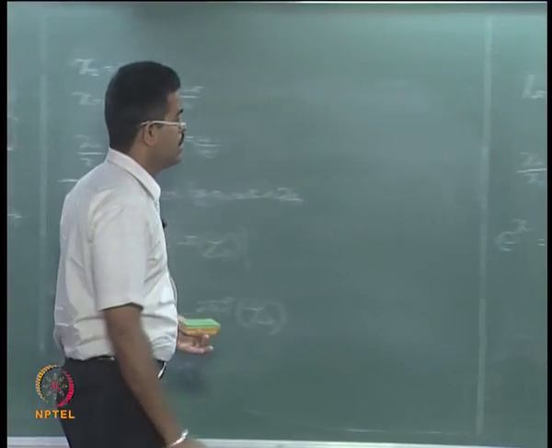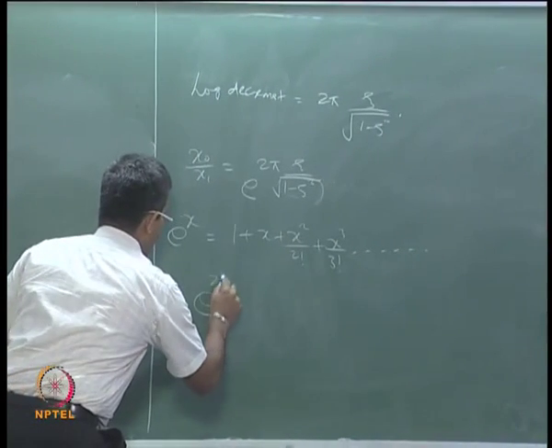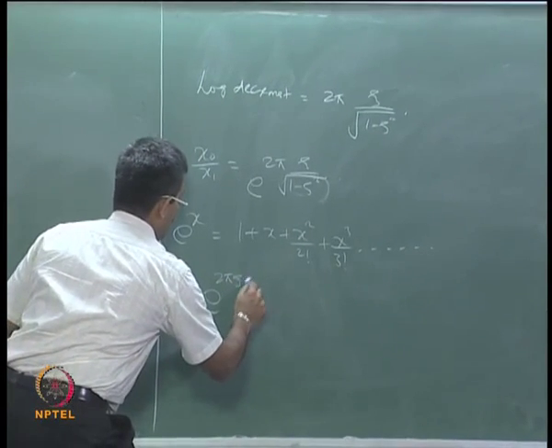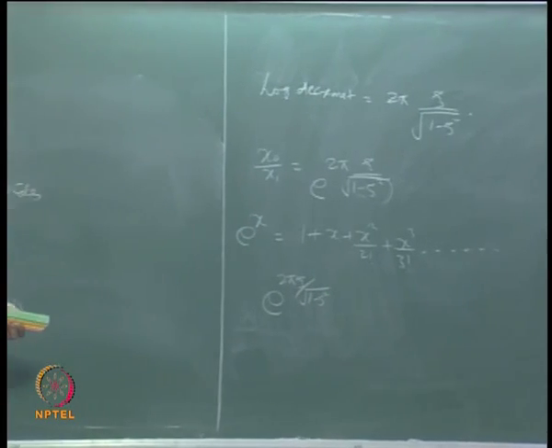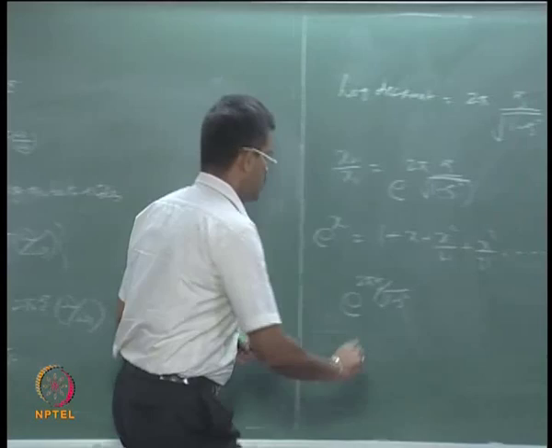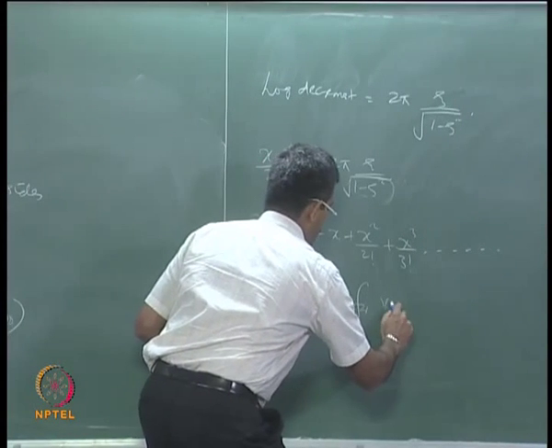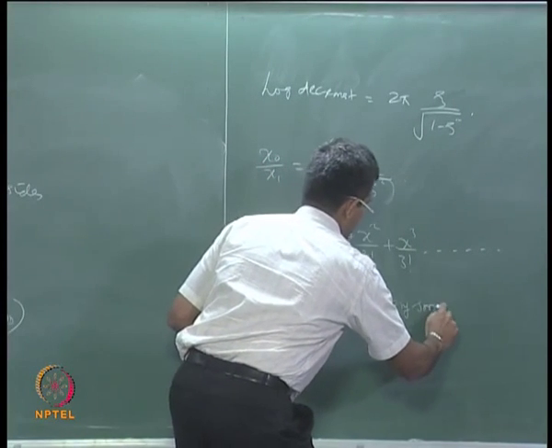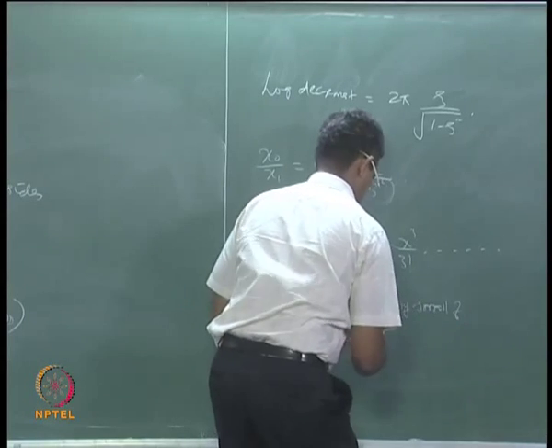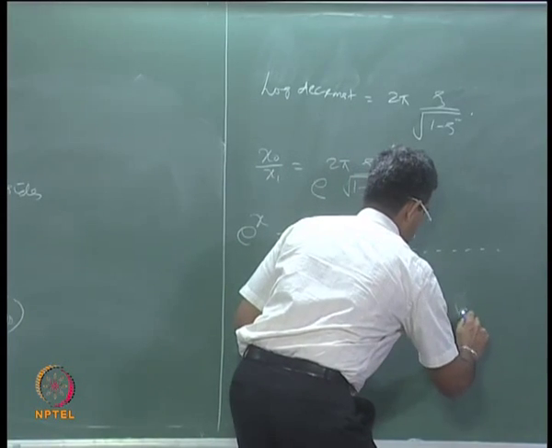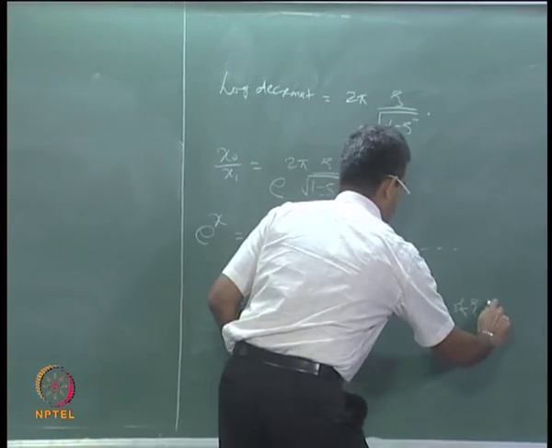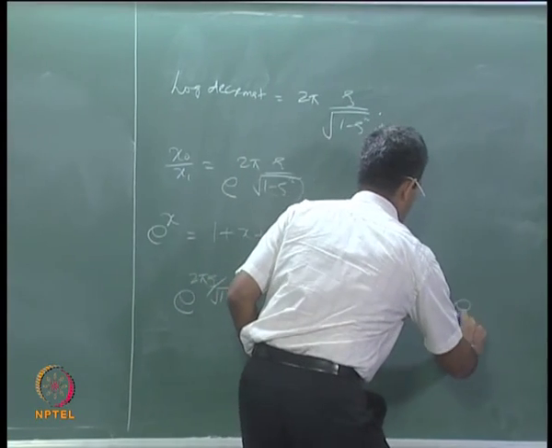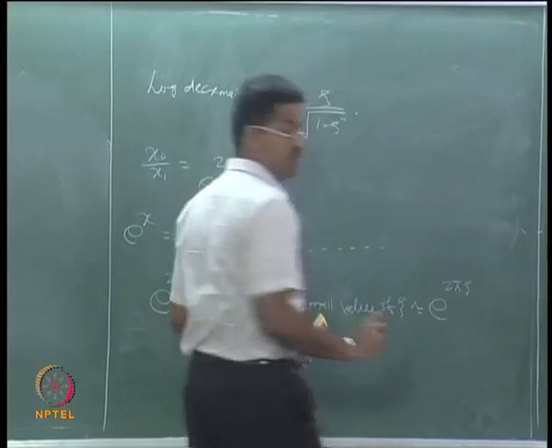Now, e to the power of 2 pi zeta by root of 1 minus zeta square, for very small value of zeta, can be approximated as e to the power of 2 pi zeta itself.